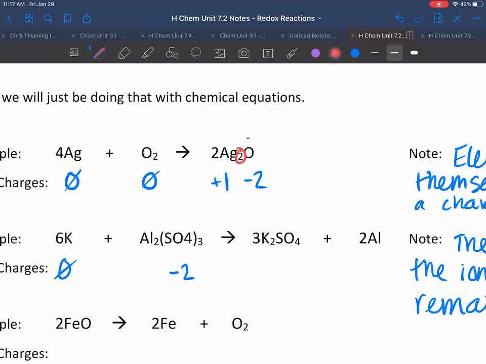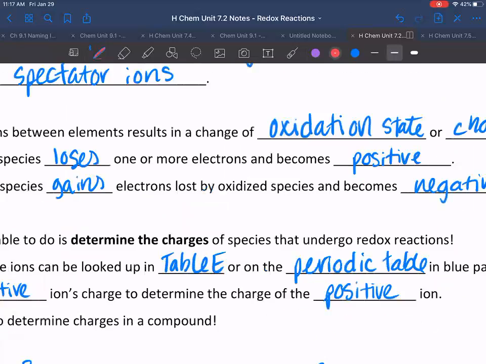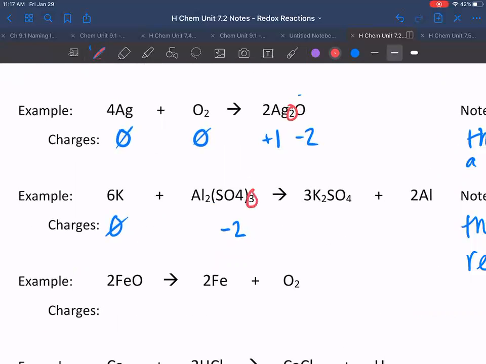Since we have 3 of them, 3 times -2 gives us an overall -6 from the sulfate ions. That means everything from aluminum has to be +6, but since we have 2 of them, we divide that by 2. Therefore, our aluminum is a +3 charge.